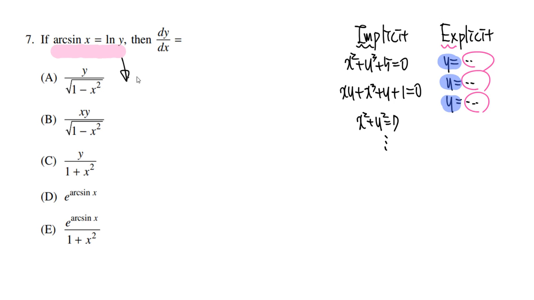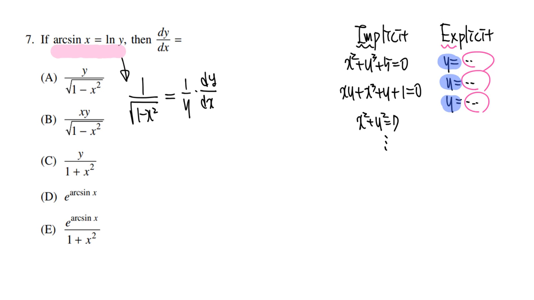So please come back here, to arc sine x and ln y. For arc sine x, its derivative is this one, and for ln y, its derivative is this. Those are quite easy ones.